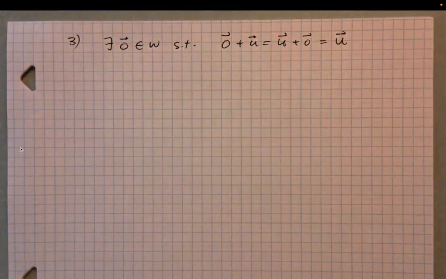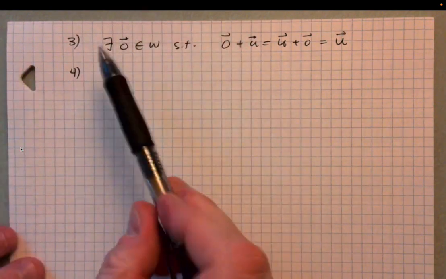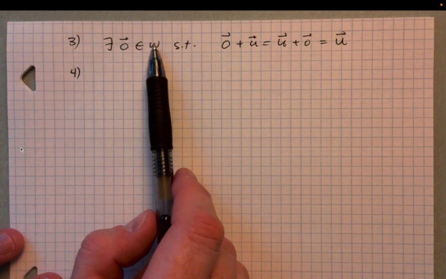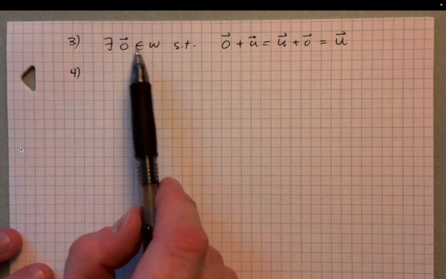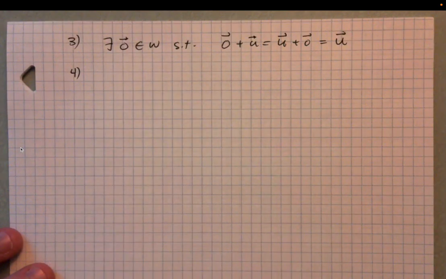Basically we need this additive identity element 0 to be inside of W in order for it to be a vector space. That's 3. And what we need to show is that if W is closed under vector addition and scalar multiplication, then this element must be in W. We'll have to prove that in a second.